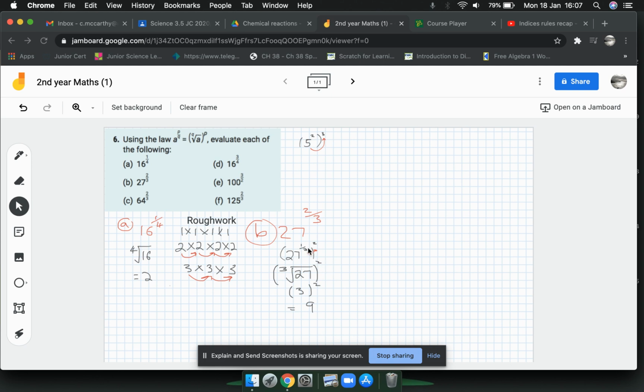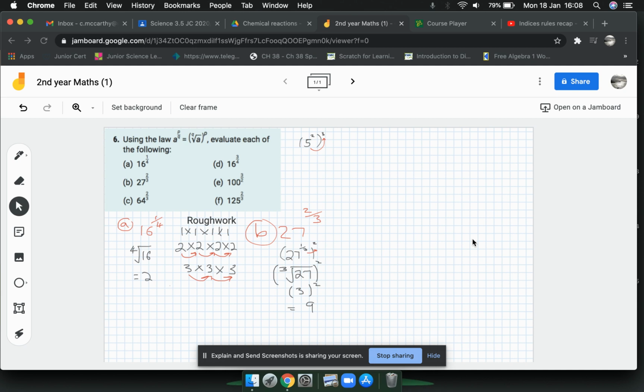Why? Because when you multiply indices represented in this way, they're always multiplied, and in this case it gets us back to 2/3. I solved the third root of 27, got 3, and all I had to do then was square it to get 9.